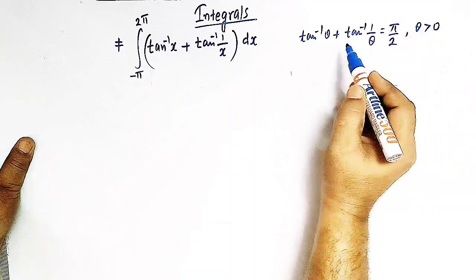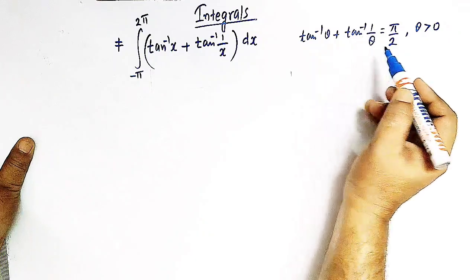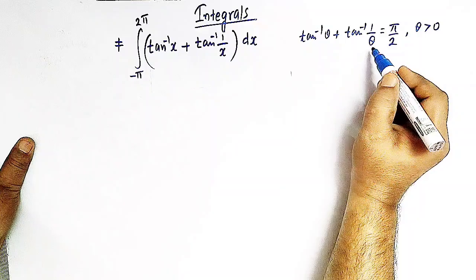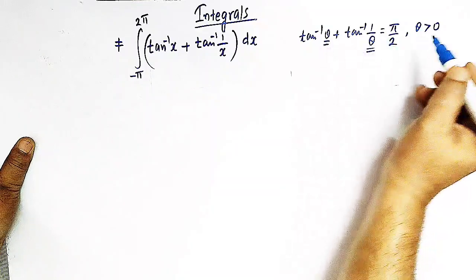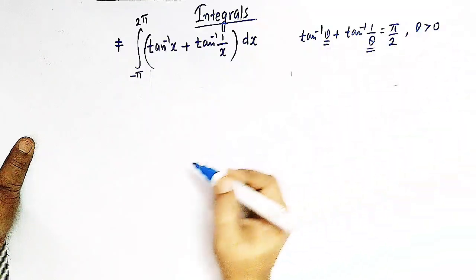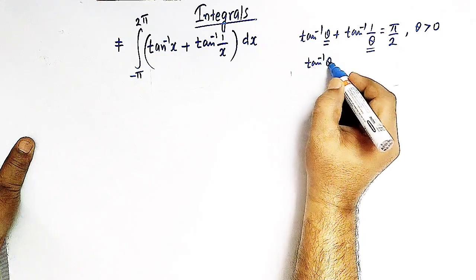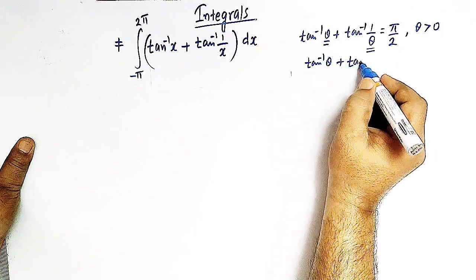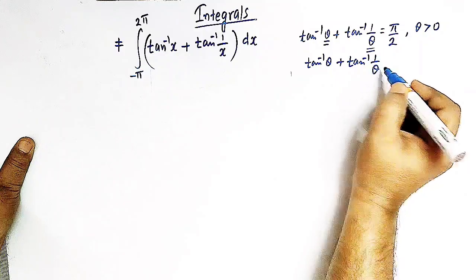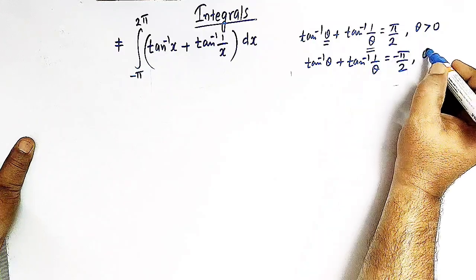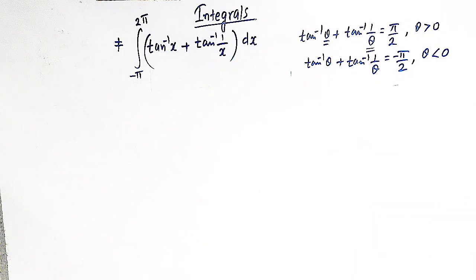So tan inverse theta plus tan inverse 1 over theta is equal to pi over 2 whenever theta is greater than 0 or positive, right? And tan inverse theta plus tan inverse 1 over theta is equal to minus pi by 2 whenever theta is less than 0.